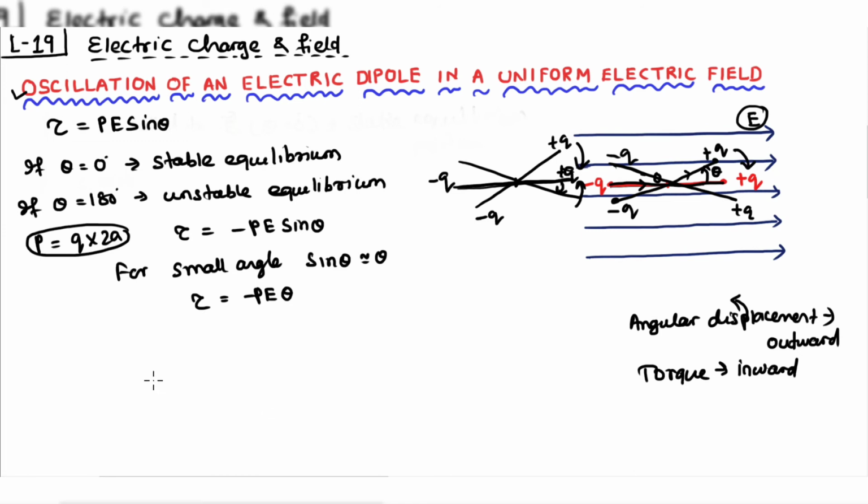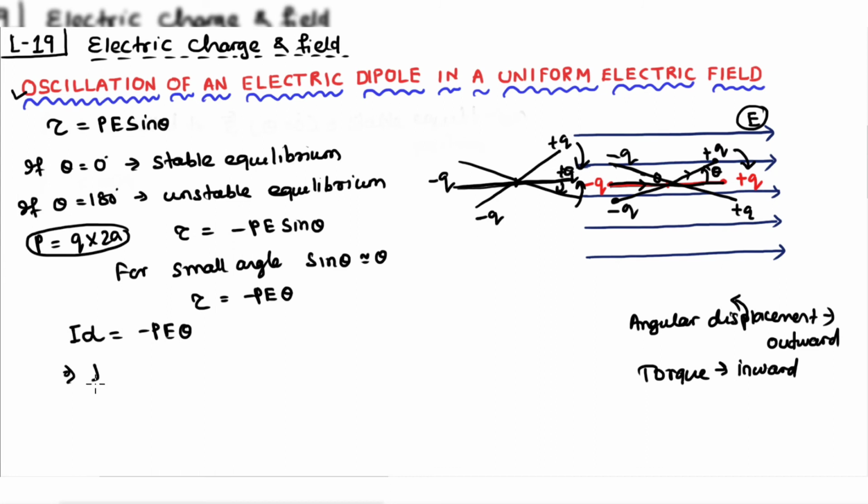So for the small angle theta, sin theta is equal to theta, and the torque tau is equal to minus pE theta. And in class 11 we had discussed that the torque is nothing but I into alpha, where I is the moment of inertia and alpha is the angular acceleration. So I alpha is equal to minus pE theta. This dipole has some angular acceleration.